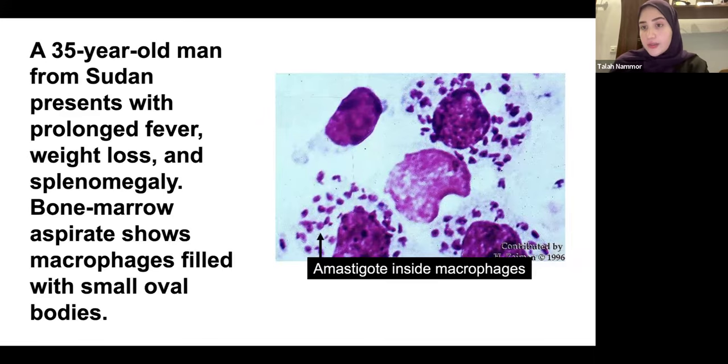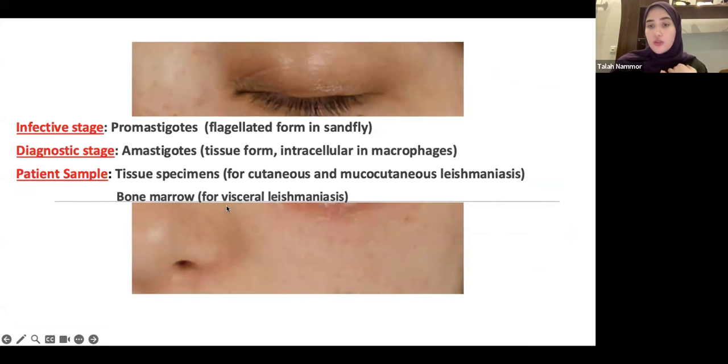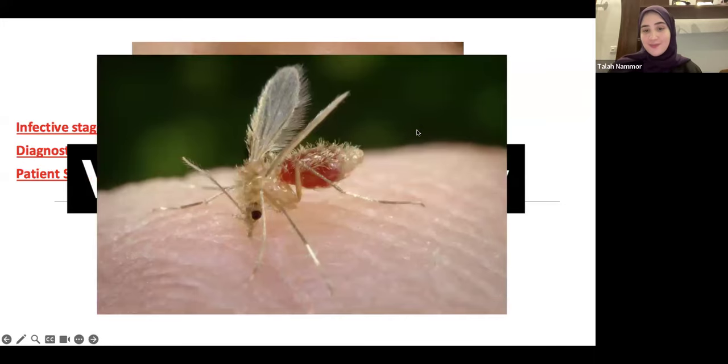So these are the diagnostic stage. This is what we see. And where do we take the culture from? It's either going to be from the tissue, if the patient has cutaneous or mucocutaneous disease, or the bone marrow if it was only visceral. Okay? And what is the vector? The vector is this beautiful sandfly. Why did I include a photo?